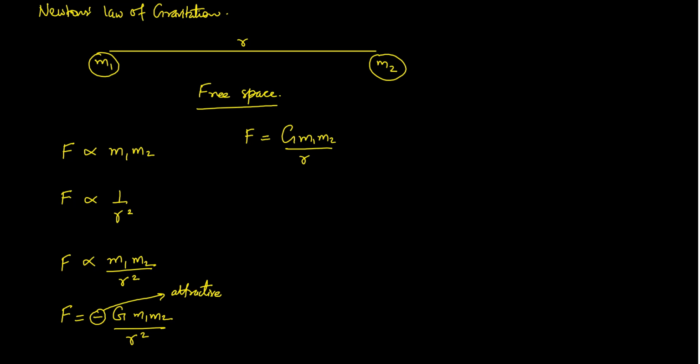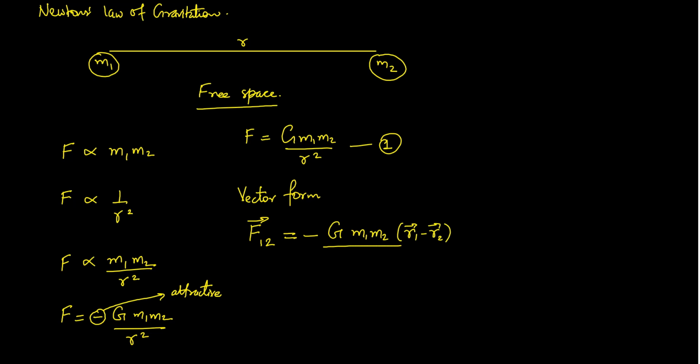Right. Now this formula that we have written here is the scalar form. In vector form, if I want to write the force on the first object due to the second one, we will write minus G m1 m2 times (r1 vector minus r2 vector) divided by the modulus of (r1 minus r2) cube.